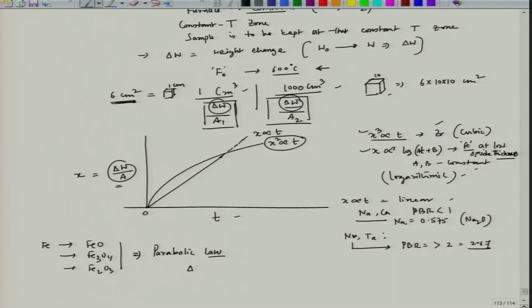So, where del W by A square is proportional to t, I can write it as kp t. So, this is at a particular temperature. I can see that kp is specific to a temperature, which is a rate constant, the oxidation rate constant.